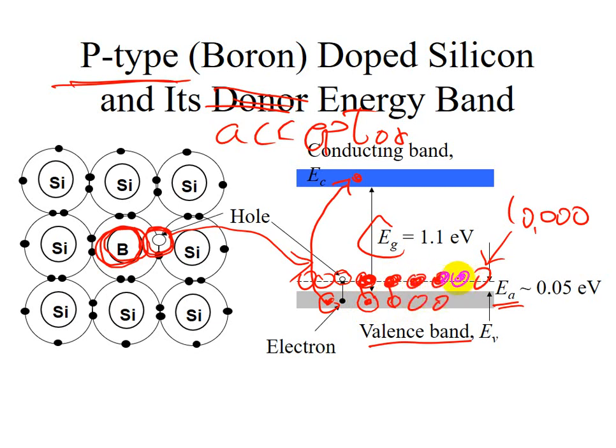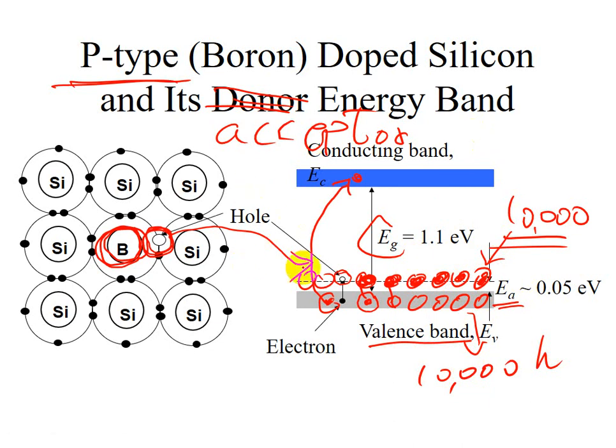So in this case, if you have 10,000 boron atoms introduced in the silicon, you are going to have 10,000 electrons jumping to the acceptor level and leaving behind 10,000 holes in the valence band, and these holes in the valence band contribute the conductivity.